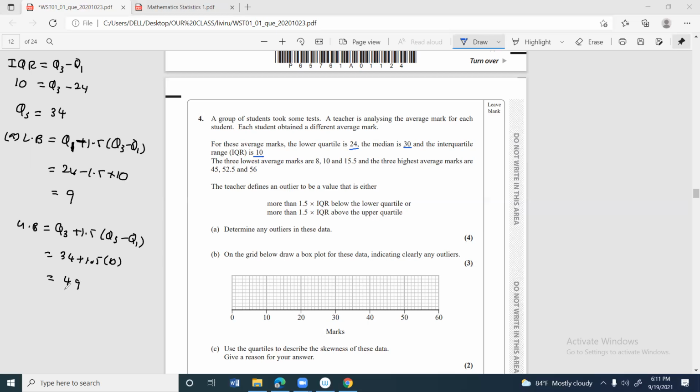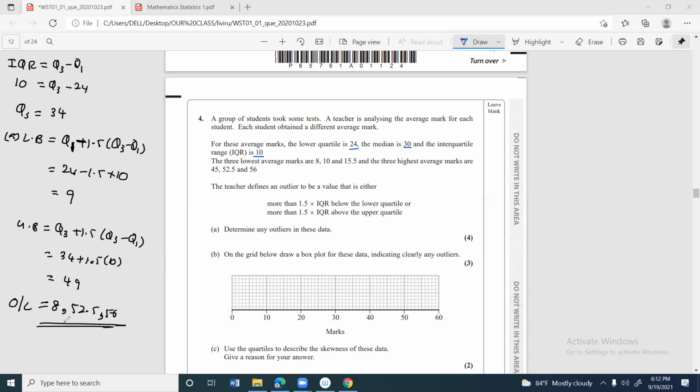Then, for the lower side, 8 is an outlier. For the upper range, beyond 49, 52.5 and 56 are outliers. So these are the outliers for this question.